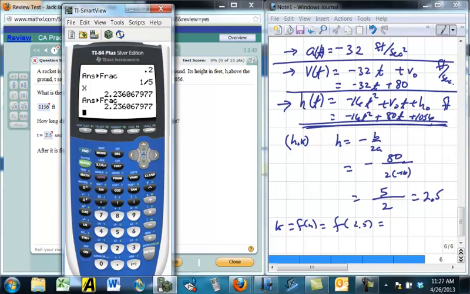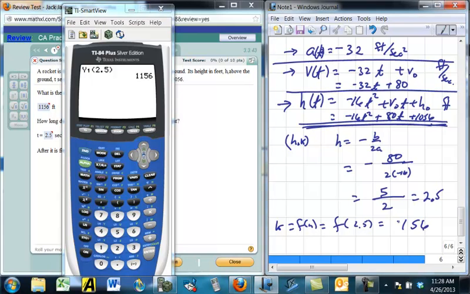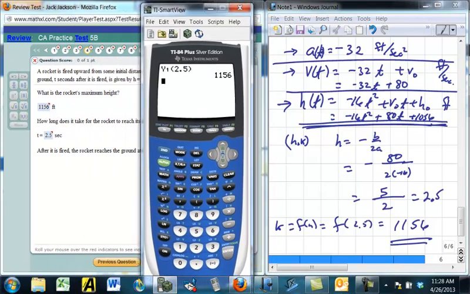Some of you have a calculator where you get y1 by going alpha F4. Others will have to go to variables, right arrow to y variables, choose function y1, and evaluate that at 2.5. And this will tell us 1156, and that's our maximum height. That's our k, the y-coordinate of the vertex.